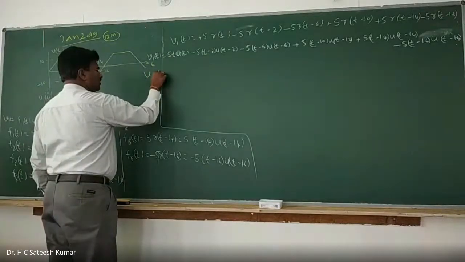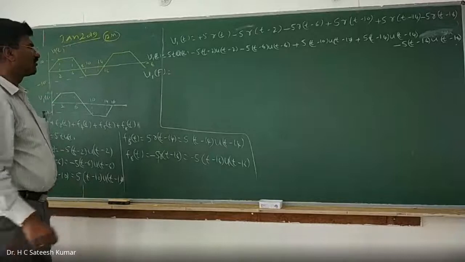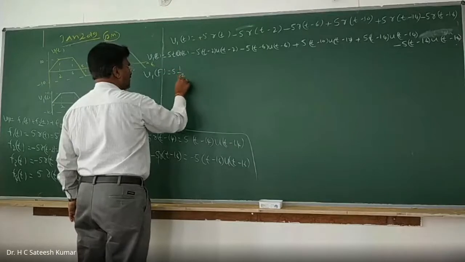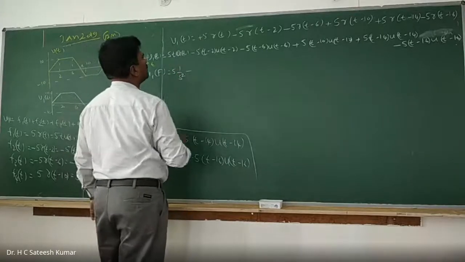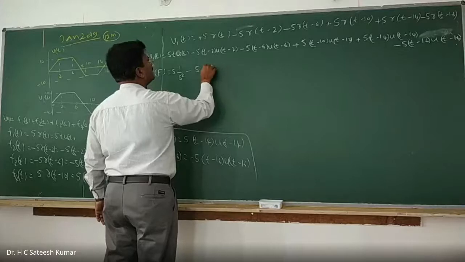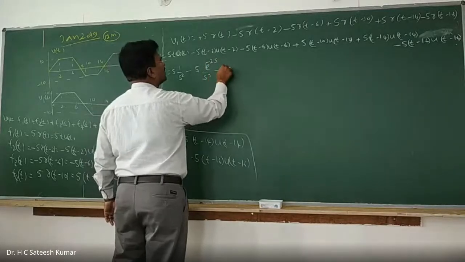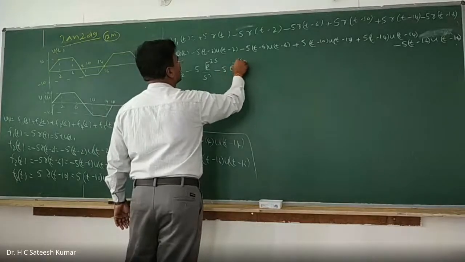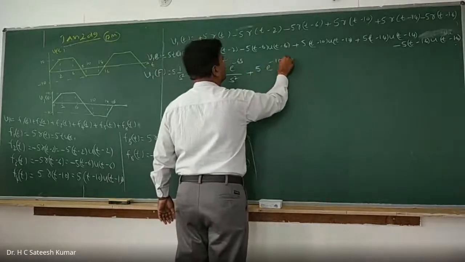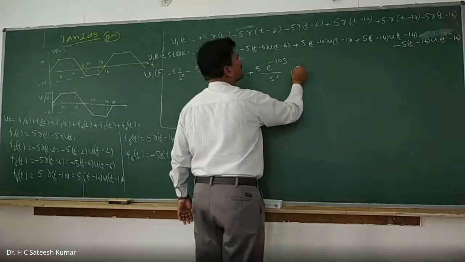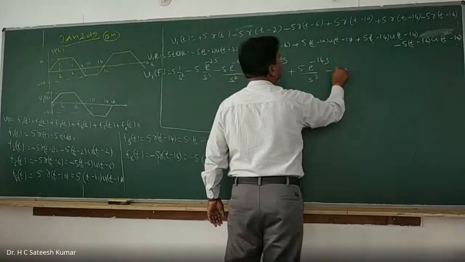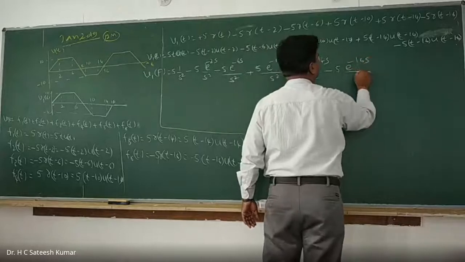The Laplace transformation: v1 of s is equal to 5 into t, which is 1 by s square, plus minus 5 into u of t, which is 1 by s square into e to the power of minus 2s, minus 5 into e to the power of minus 6s divided by s square, plus 5 into e to the power of minus 10s divided by s square, plus 5 into e to the power of minus 14s divided by s square, minus 5 into e to the power of minus 16s divided by s square.